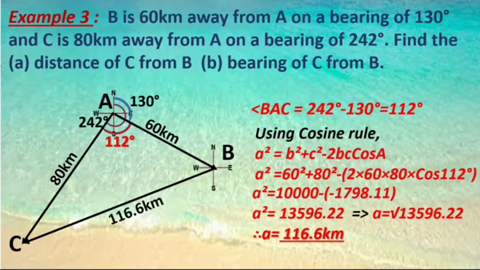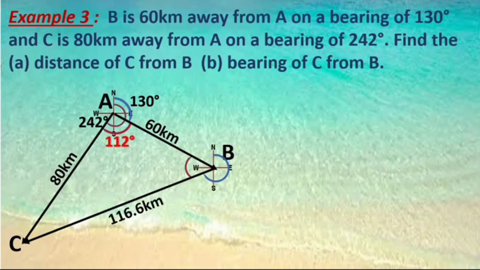I will simply insert my cardinal point at point B, and starting from the north, I will draw an angle counting in the clockwise direction to meet the line that connects B and C. This clockwise angle is regarded as the bearing of C from B. Now to get this bearing, I will have to find the angle in the triangle at B, and to do that, I will either use the sine rule or the cosine rule. Since the sine rule is more user-friendly, let's go with the sine rule.